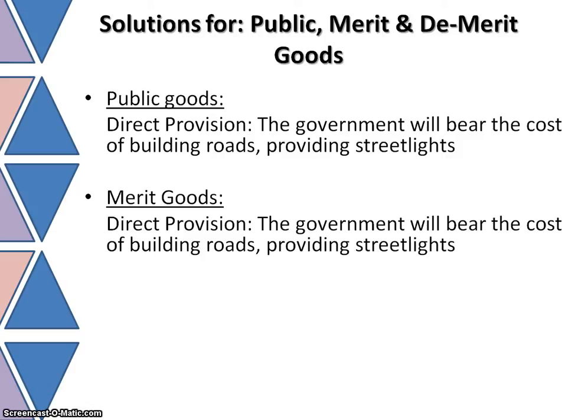We spoke about education before, and even security, whereby private firms provide some level of security and some level of education via schools, and even some measure of healthcare, but not enough. So the government can step in directly and provide these services by directly employing doctors, by building hospitals, by building schools and employing individuals, and therefore the government will now bear the cost of providing.